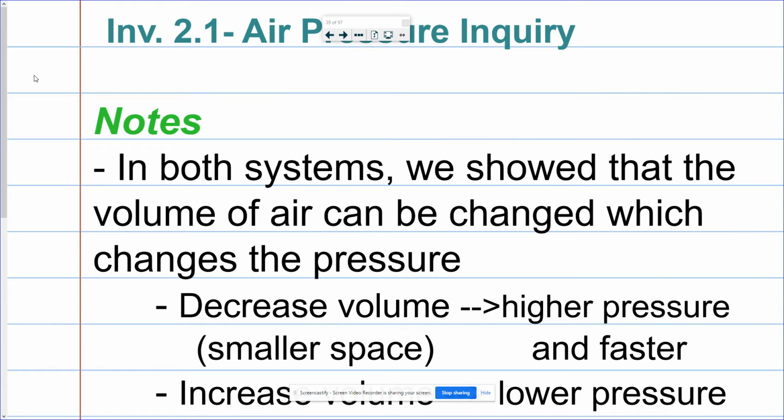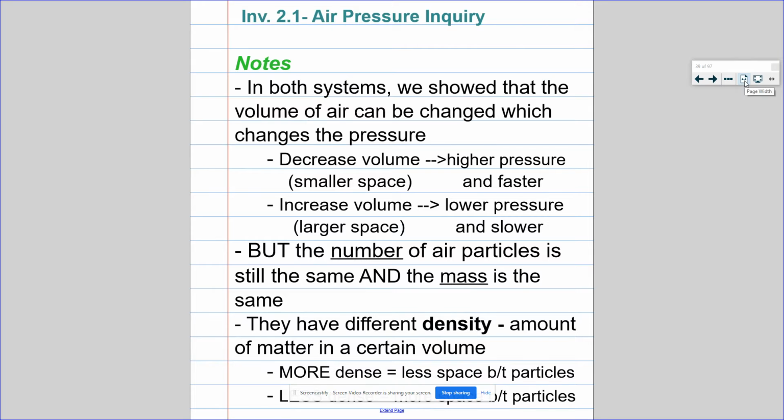So, what I want you to do next is go to a new page and you can go ahead and write the title up here at the top. So investigation 2.1 air pressure inquiry. Now, if you look in your tray, you are going to see these notes here. So you are not going to have to write these notes.